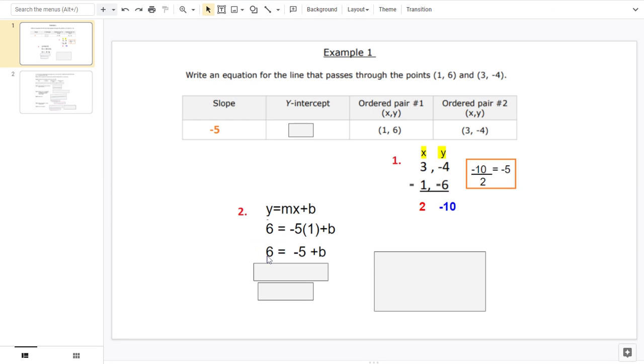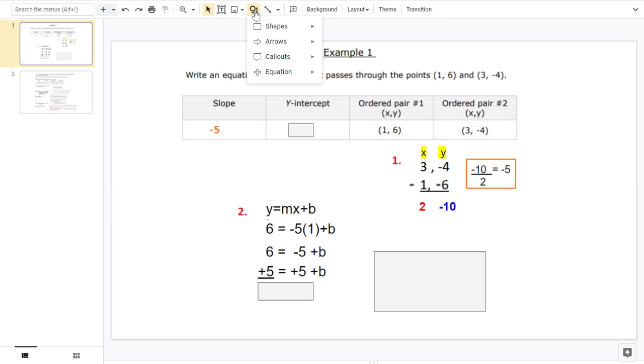Okay, and then we're just going to reduce this. -5 times 1 is -5. So we've got 6 equals -5 plus b. Now, we're going to cancel this out here. So what we're doing here is we've got to make this 0, and whatever we do to one side, we've got to do to the other.